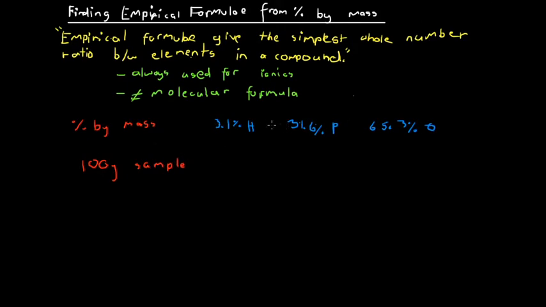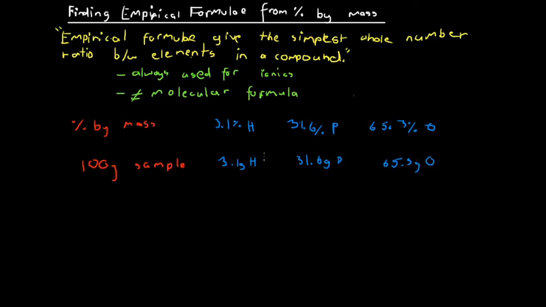If 3.1% of this compound is hydrogen, then in this 100 grams we're going to have 3.1 grams of hydrogen. Similarly, we're going to have 31.6 grams of phosphorus and 65.3 grams of oxygen.